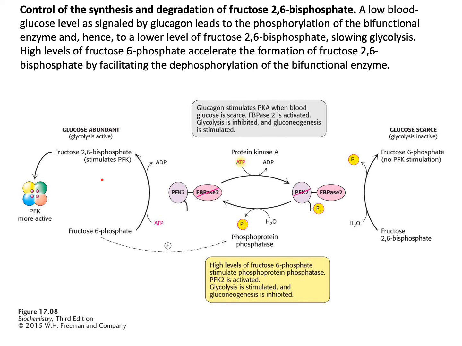This figure shows the control of the synthesis and degradation of fructose 2,6-bisphosphate. A low blood glucose level, as signaled by glucagon, leads to the phosphorylation of the bifunctional enzyme, and hence to a lower level of fructose 2,6-bisphosphate, slowing glycolysis.